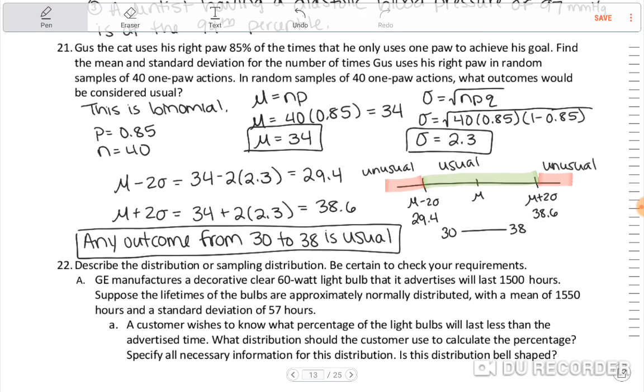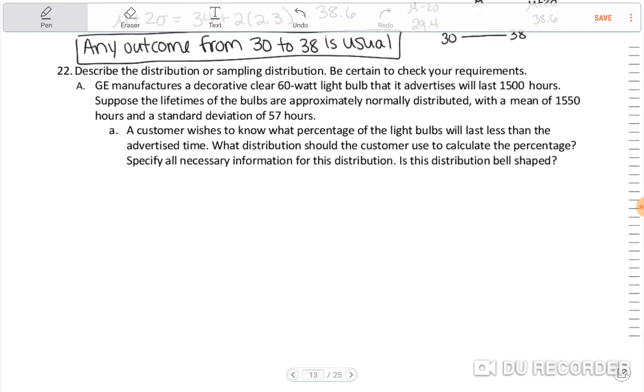Number 22 says, describe the distribution or sampling distribution. Be certain to check your requirements. Number 22. GE manufactures a decorative clear 60-watt light bulb that it advertises will last 1,500 hours.